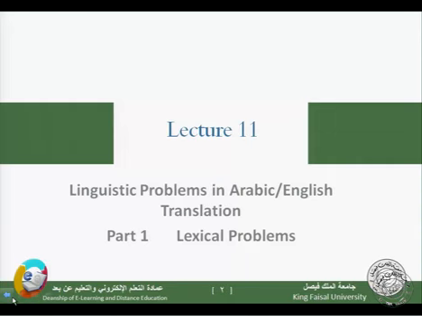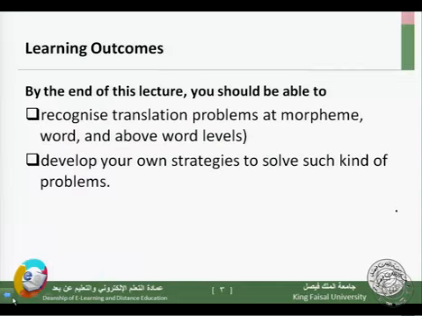Lexical problems, number 1, the translation problems at morpheme level. Then translation problem at word level. And then translation problem above word level. Okay? Now, let's start with the learning outcomes.